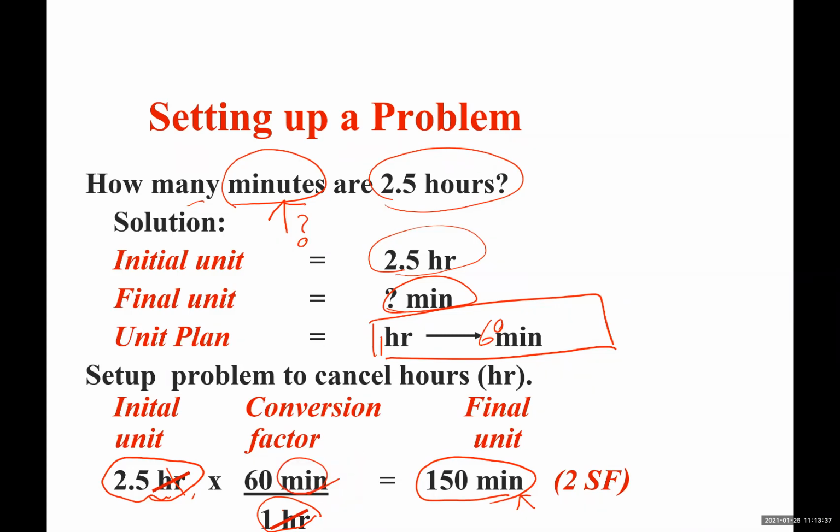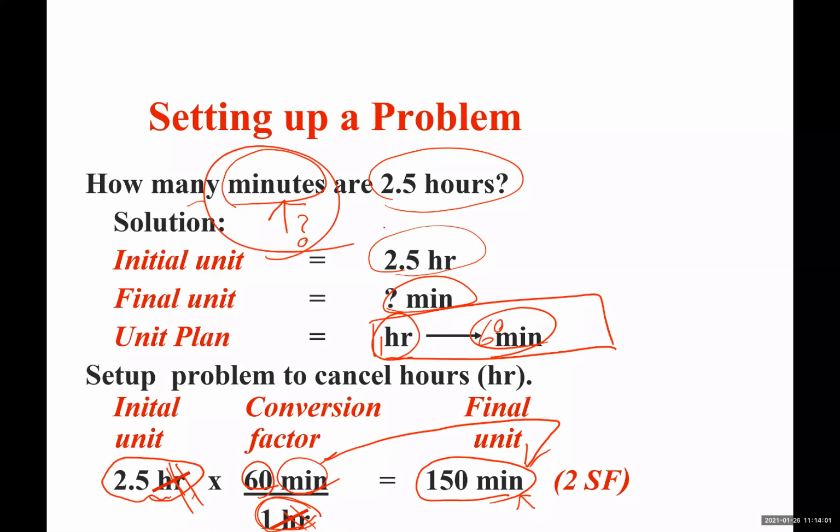And then relate top to bottom. What is the relationship between hour and minute? Every 1 hour is 60 minutes. So I write every 1 hour is 60 minutes. So can I cancel hour and hour? And what is left? Minute. Is that the right unit the problem is asking?